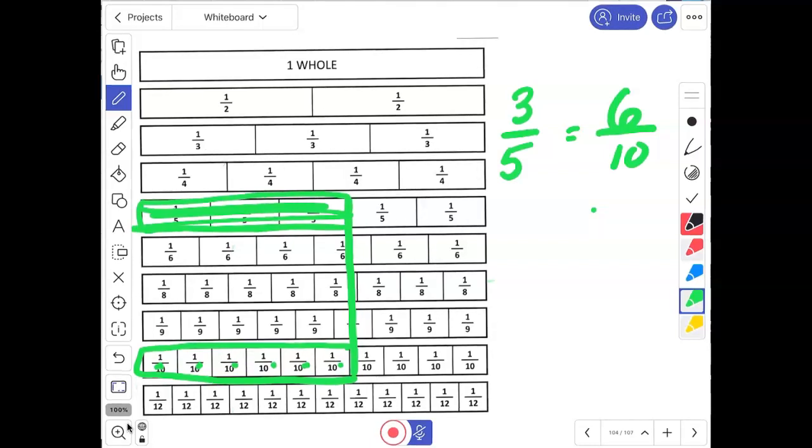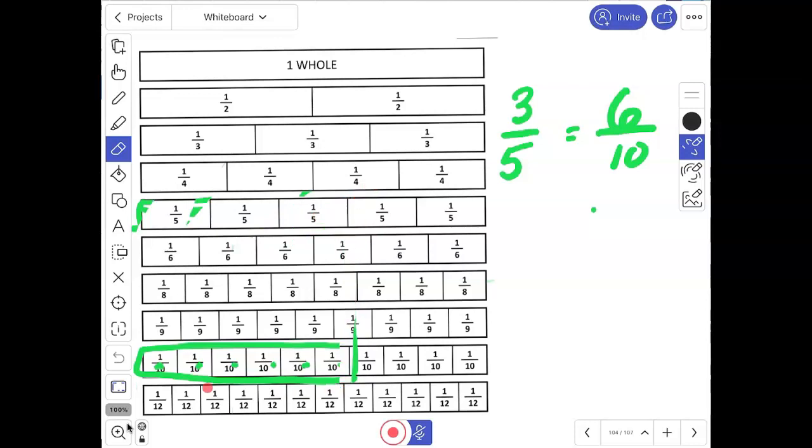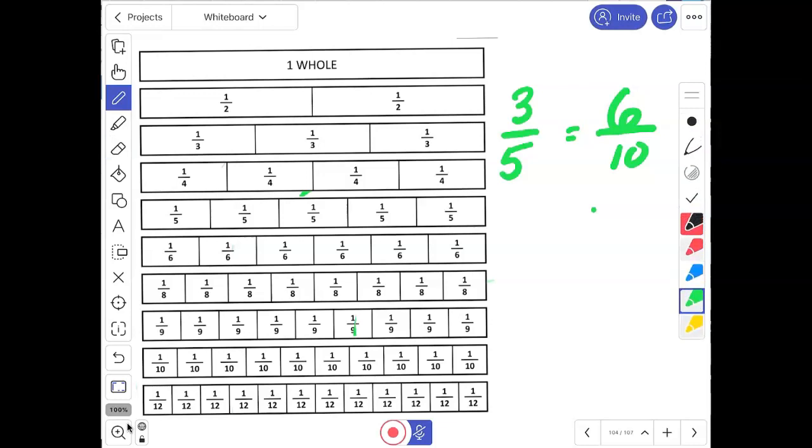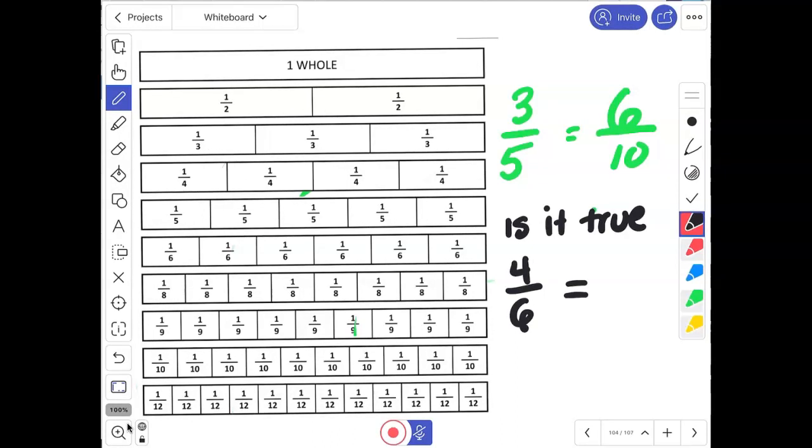That's really cool. What if my teacher said, is it true that 4/6 is equivalent to, I don't know, 5/8?